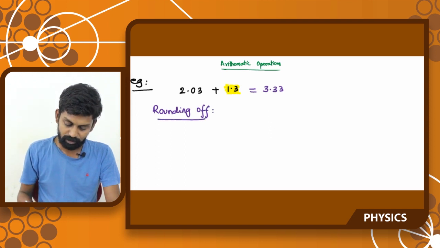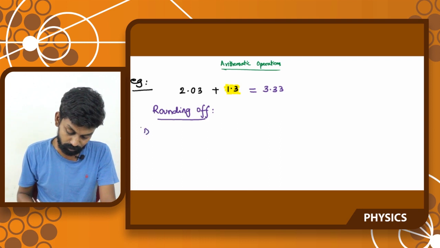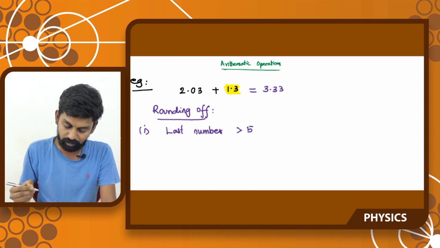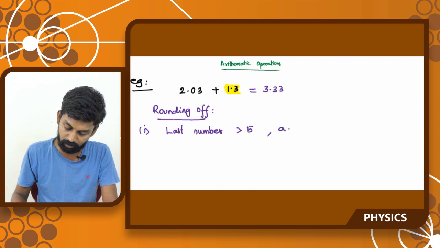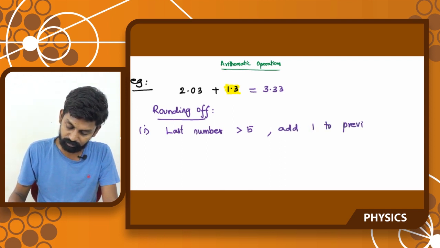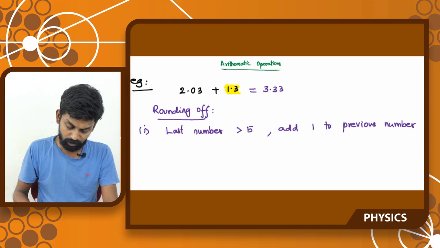Rounding off. The first rule: if the last number is greater than 5, then you have to add 1 to the previous number, and you can remove the last number.